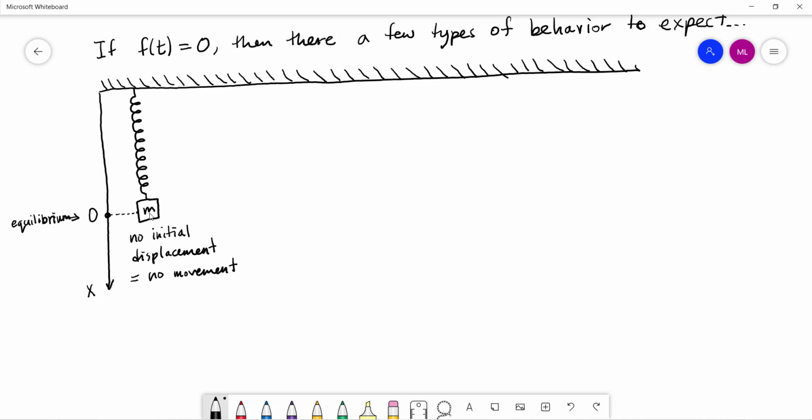But what are some other things that could happen? What if instead we start with the mass spring displaced by some amount? So here it is hanging, and we've basically pushed it up a small amount. Right, so here's the equilibrium point. Clearly there's some displacement. And let's assume that there is no damping in this case. What will happen?